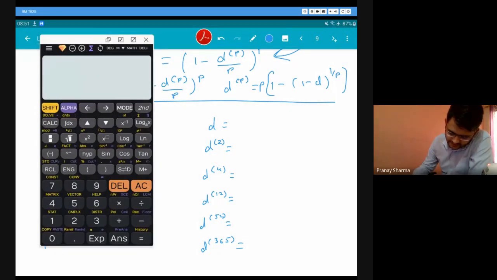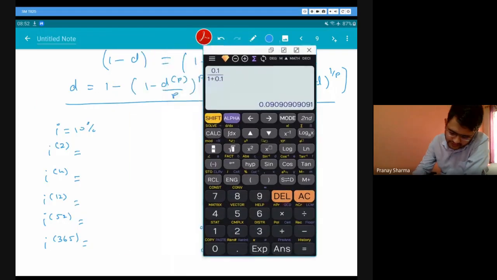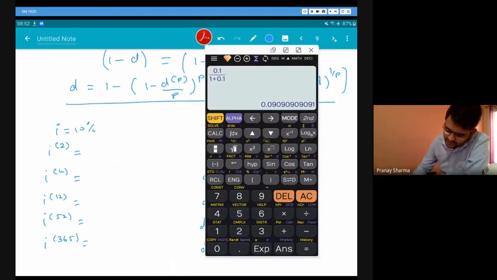So when i is 10%, d would be i upon 1 plus i. So that becomes 9.09091%. Then I'll calculate all these, i2, i4.